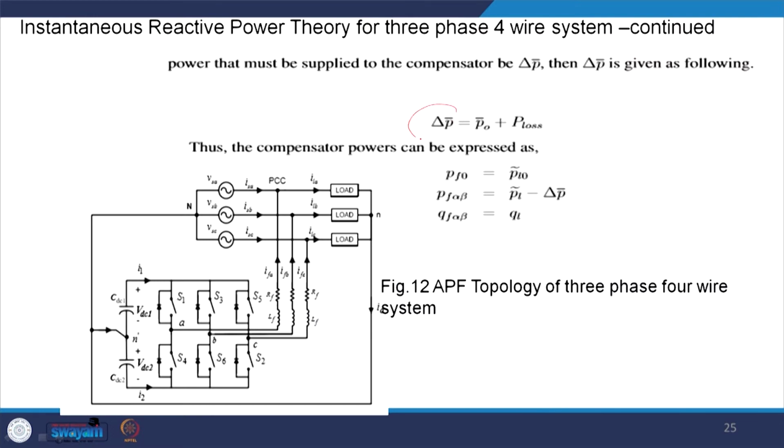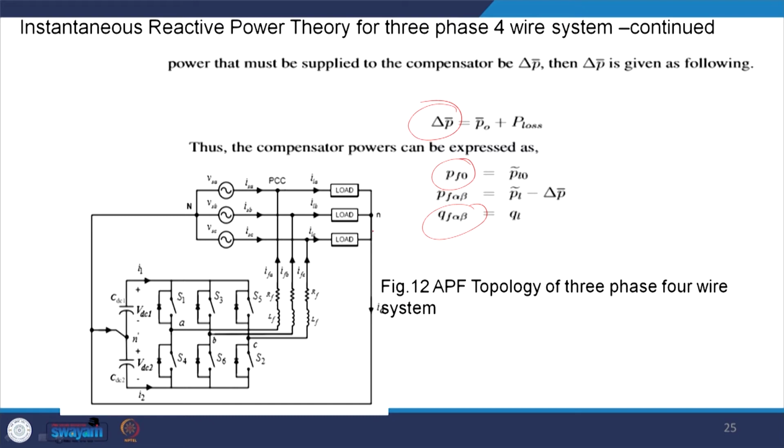So, ultimately you have the P 0 plus P loss, and P F 0 equal to P L 0, and P alpha beta equal to P L alpha beta minus P bar, and Q alpha beta equal to minus Q L.